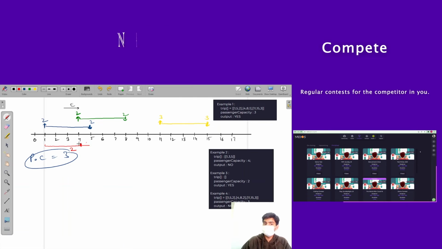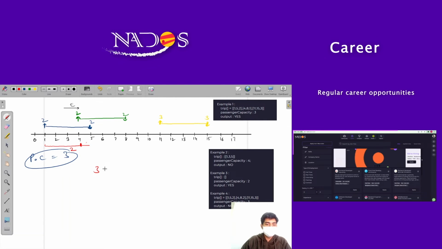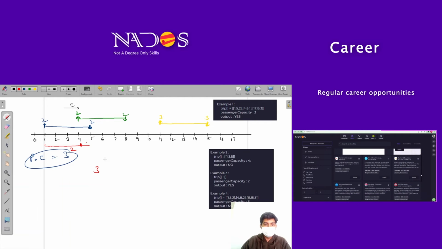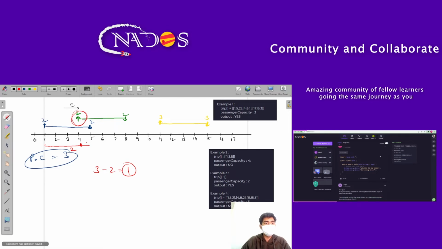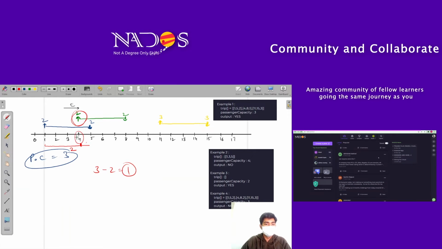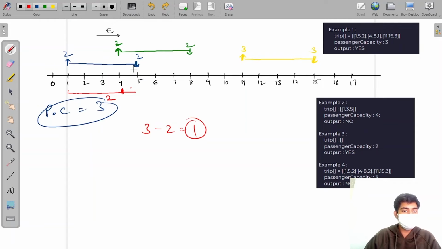So can I fit 2 more passengers in only one seat? I had 3 seats, I picked up 2 people, so I had only one seat left, and 2 more people are going to come at 4. Can I pick them up? No. This will not be a valid trip because I don't have that many seats left. So I will return no for this case.